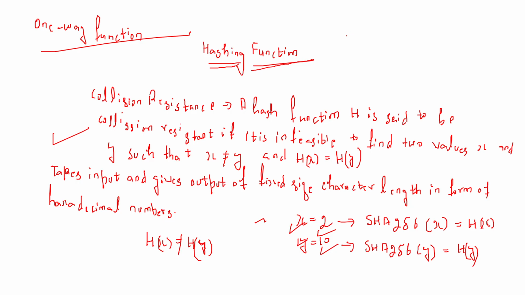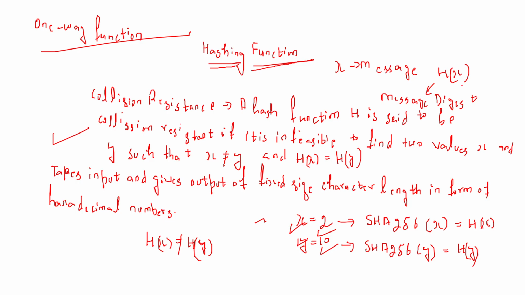Anyway, I forgot to tell you one important thing. If x is a message, and we pass this message through a hashing function and we get the hash value hx, we call this resulting hash value the message digest, simply because this hashing function has digested, like we eat food, right?